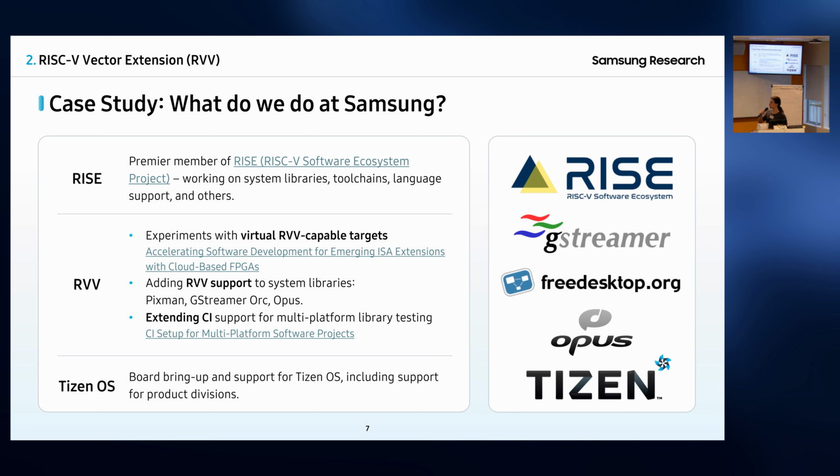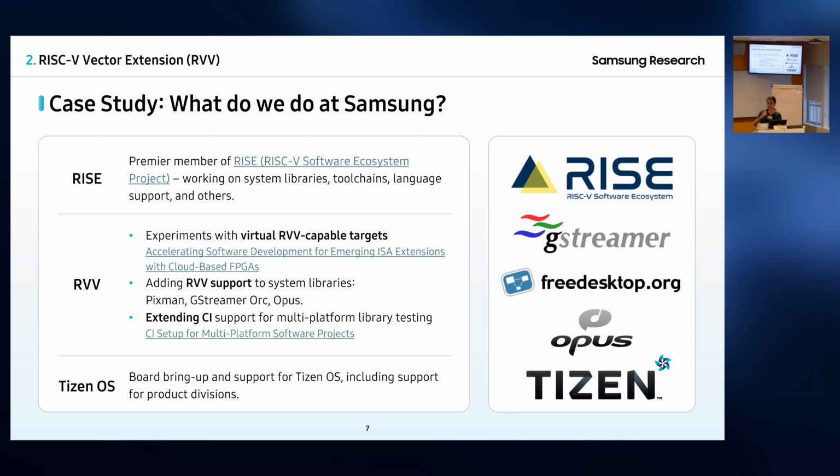Also, what I talked about at OrConf was CI setup, because when you're developing your optimizations and you want to upstream them, the projects don't necessarily have the hardware to test it, or don't have the expertise to run the CI and QEMU, for example.